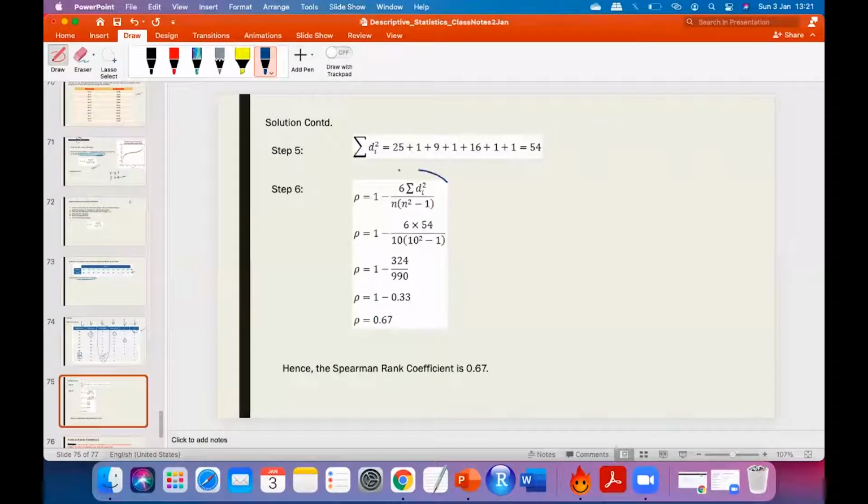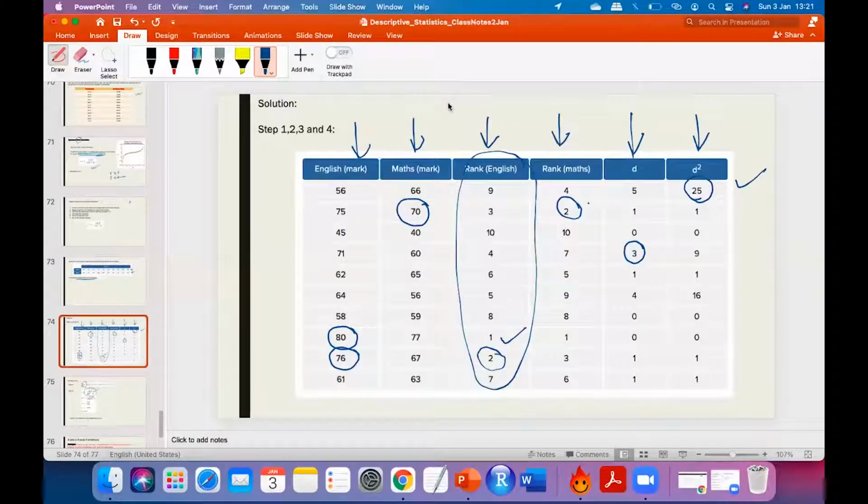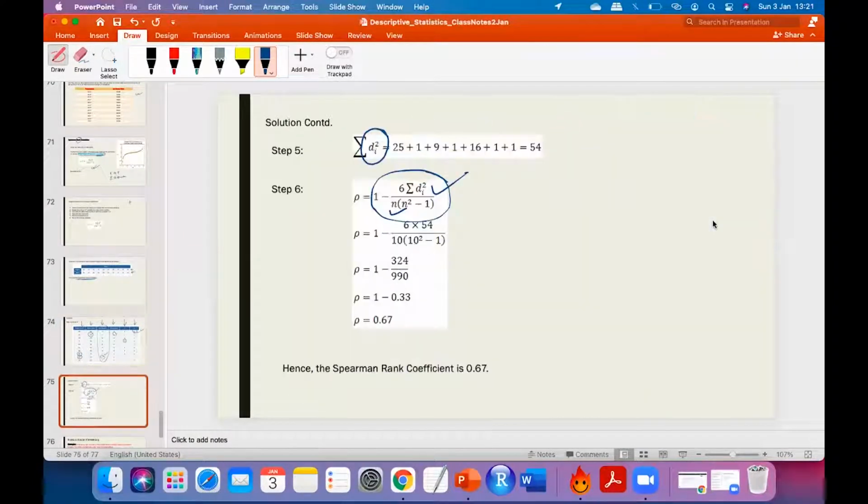What was the formula? This was the formula. I have the D and I have the N. I don't need anything else. So what is my summation of D square? Let's see, what is my D square here? 25, 1, 0, 9. If I add or don't add 0, that is the same.